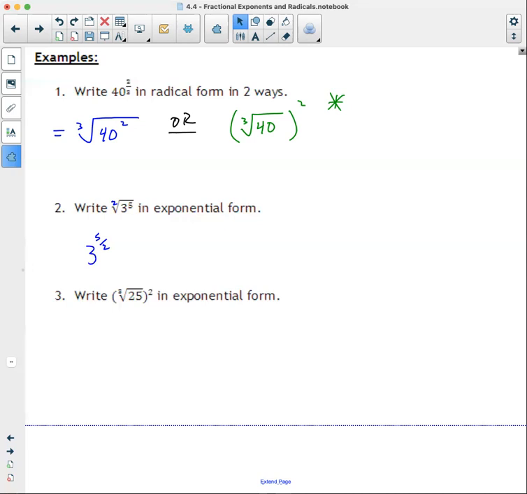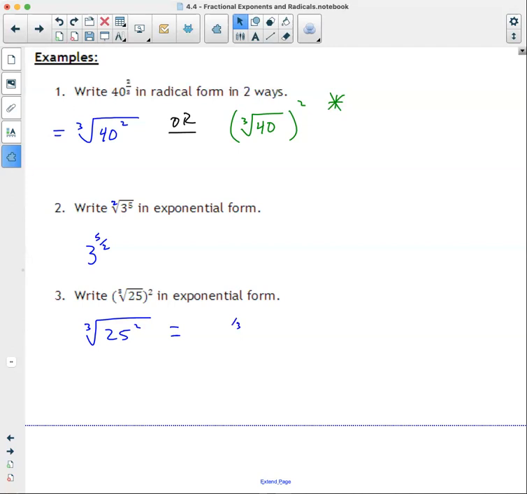Okay. Writing the cube root of 25 squared in exponential form. So we could also write this as the cube root of 25 squared here. And remember, the index of the root is the denominator of the fraction. So over 3.